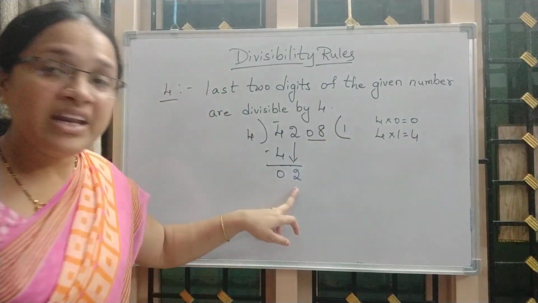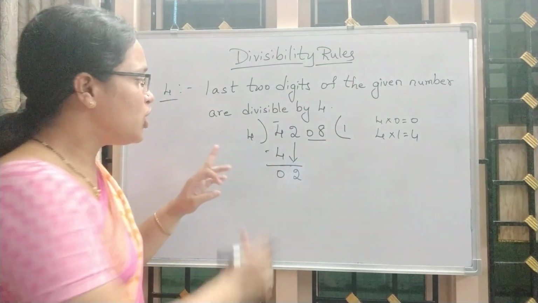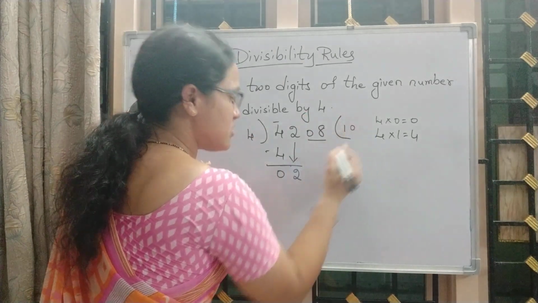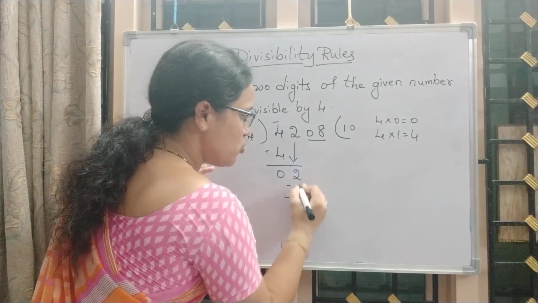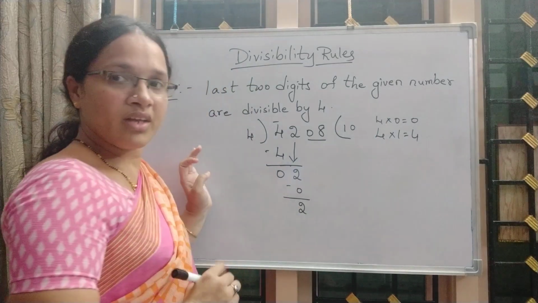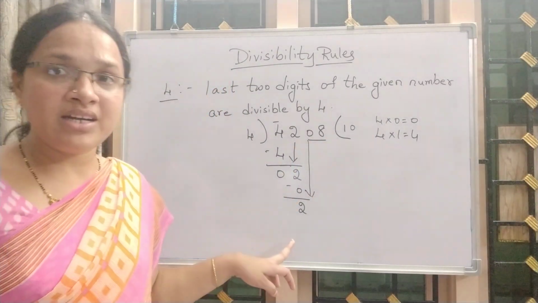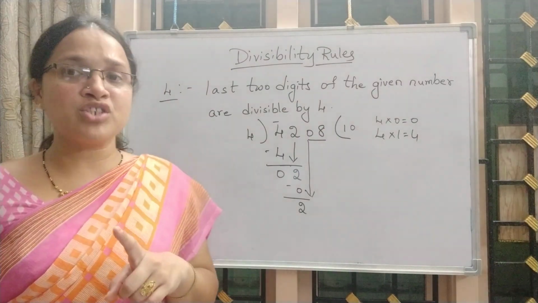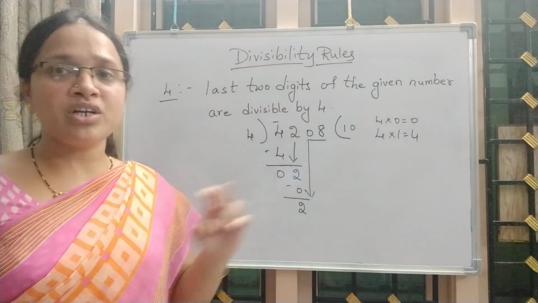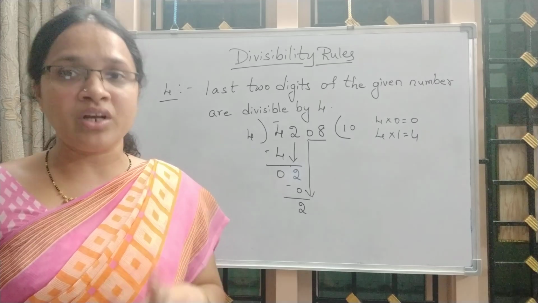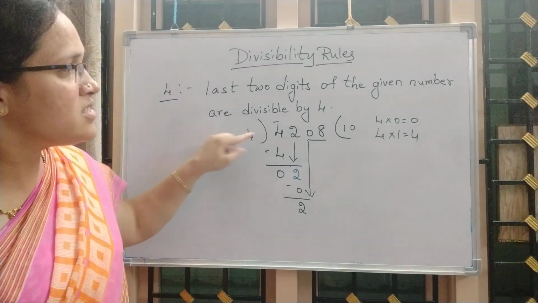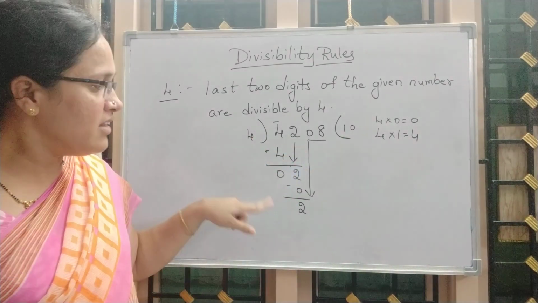So if the number is smaller than the divisor, you should write 4 zeros are 0. So 2 minus 0 is 2, and now you drop the next digit. Is your confusion clarified? You shouldn't drop 2 digits at a stretch when doing division. First write 4 zeros are 0, and then proceed.